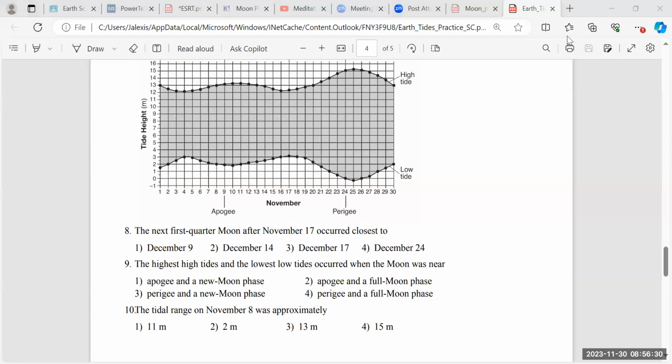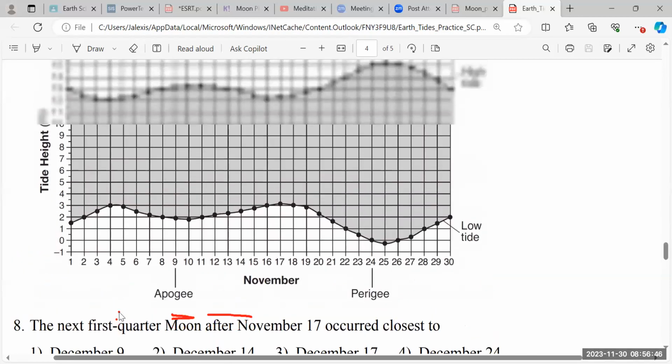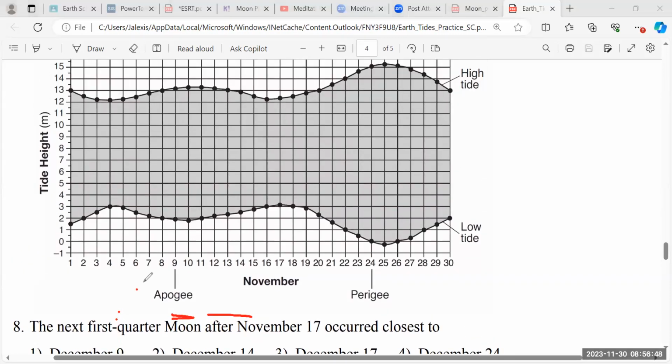Number 10 says the tidal range on November 8th was approximately what? When we're talking about the range, we're talking about the difference between the low point and the highest point. When I zoom in, November 8 is right here. At its highest, it looks to be 13 meters.